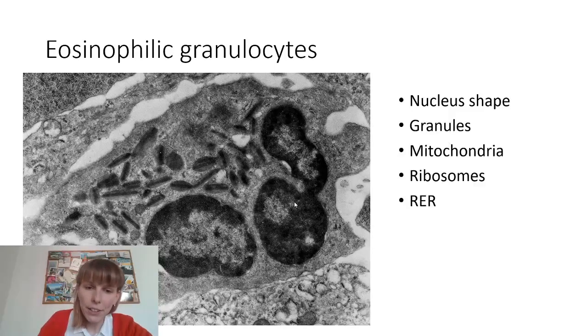And it's very distinctive on the picture from electron microscope, because you straight away see these weird granules. So you have granules which are lighter, electron lucid on the edges, and in the middle they have this crystalline core, which is very electron dense. So this is a specific image of the granules of an eosinophil.